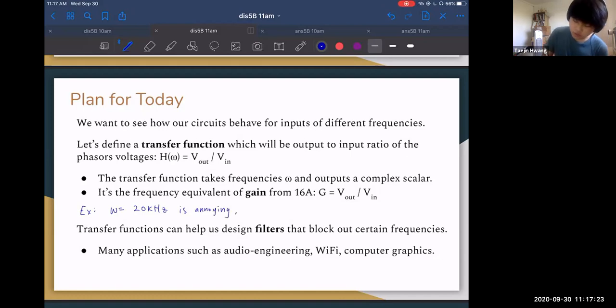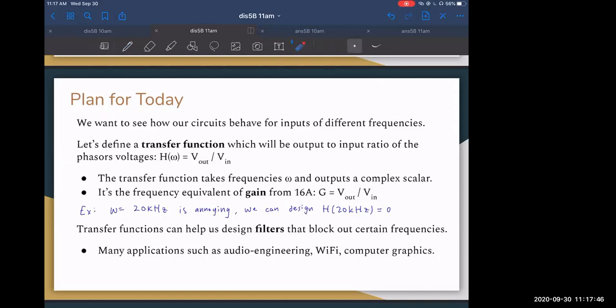Then we can design H of 20 kilohertz to be equal to 0. So it's just going to block out everything at 20 kilohertz. That's kind of the idea, while letting other frequencies through.